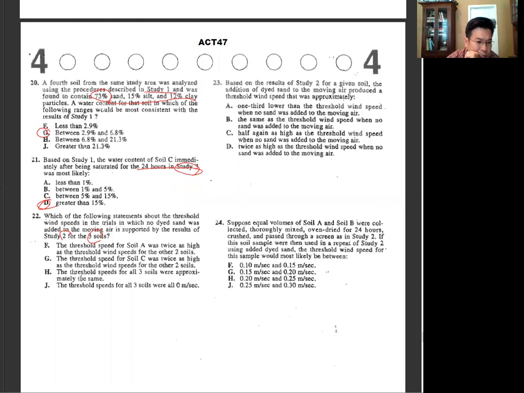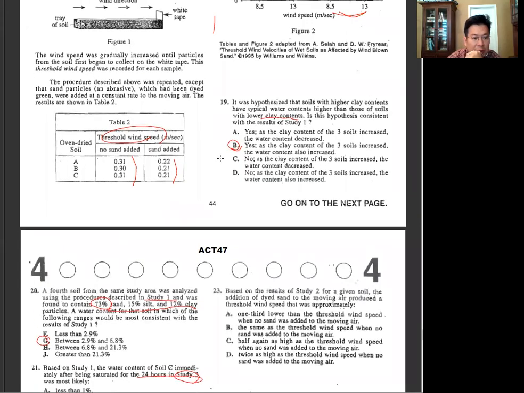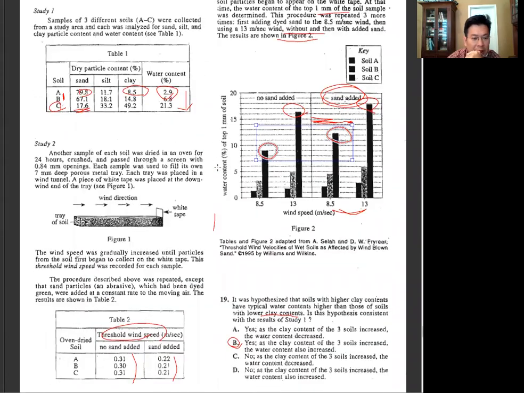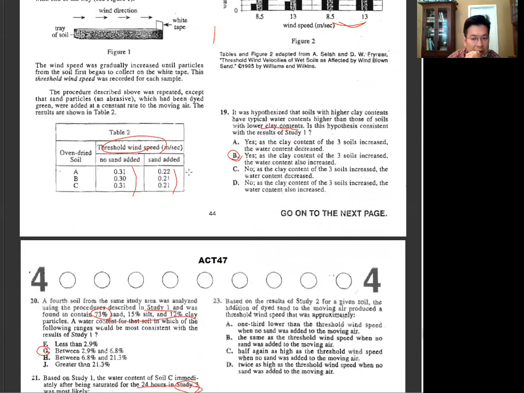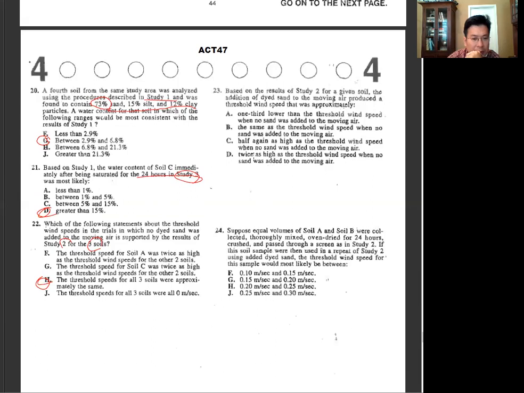So H. Based on the result of study 2, for a given soil, the additional dried sand moved the threshold wind speed by approximately that additional amount. So you add more, then it's like 0.3 to 0.2, which is, oh yeah, a third of 0.3 is 0.1, so that's what it is.